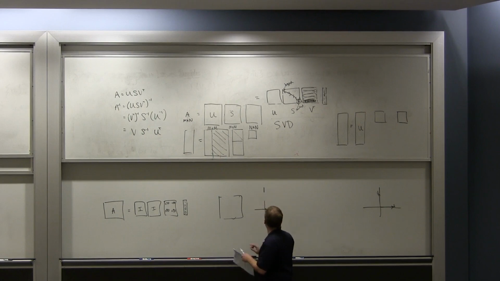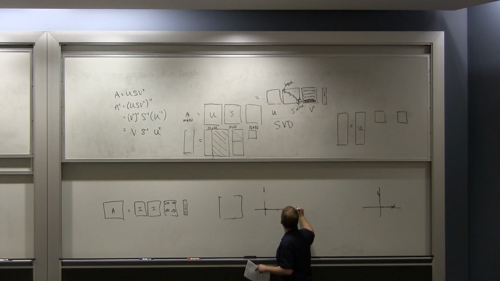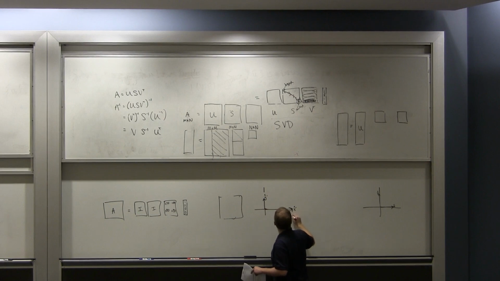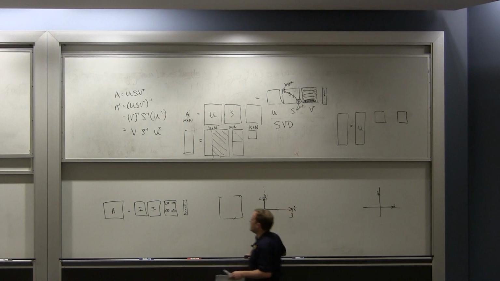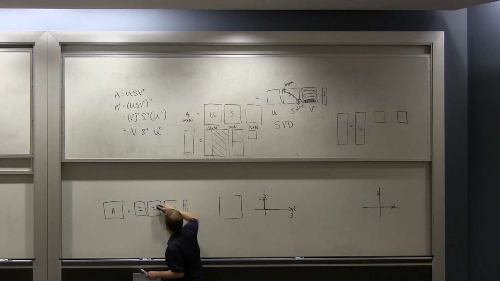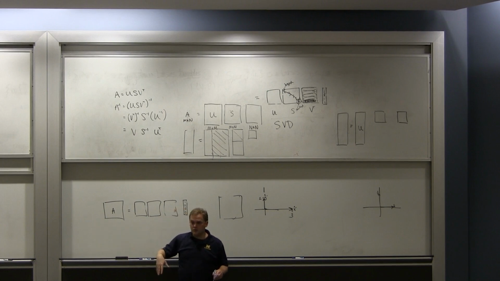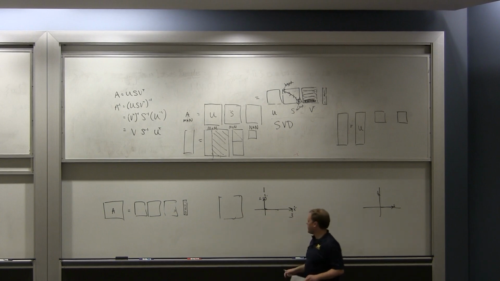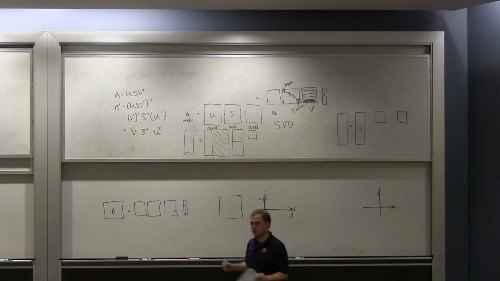Let's do this. Here is x hat prime. Here's y hat prime. Now this guy has a length of 3, and this guy has a length of 1. How do we achieve that? Using our 3-step dance move. We've got an orthonormal transformation, a scale transformation, and then another orthonormal transformation. How can we get from here to here with those 3 dance steps?